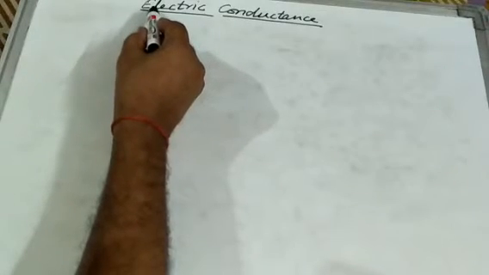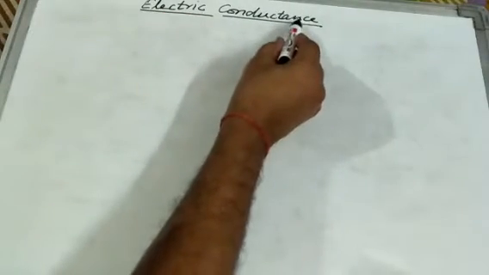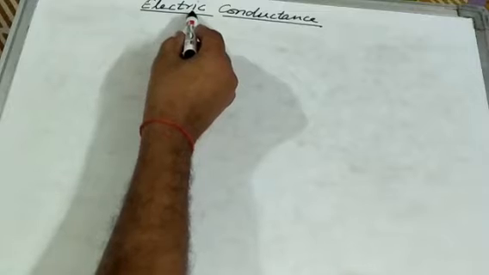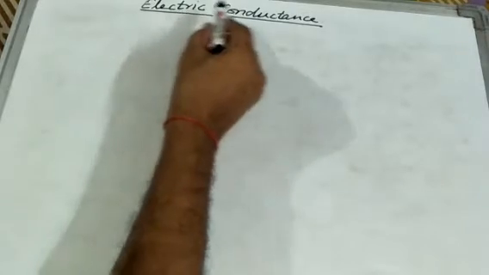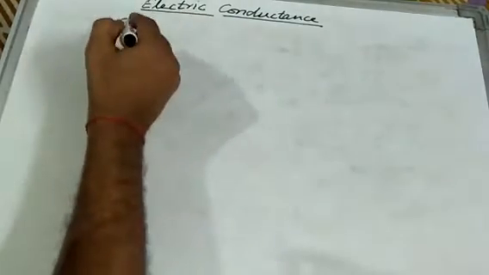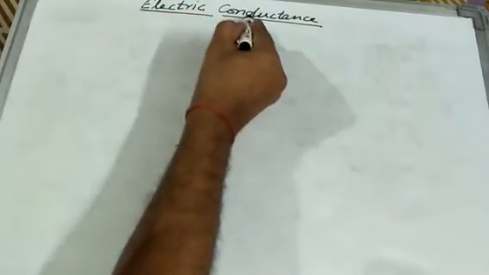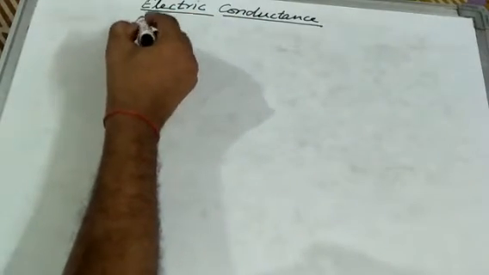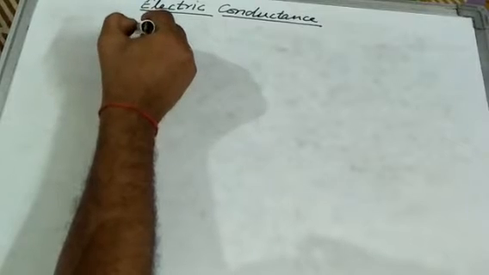Today in this video I am going to discuss electric conductance, and in the last video I already defined electric resistance. So electric conductance is the reciprocal of electric resistance.